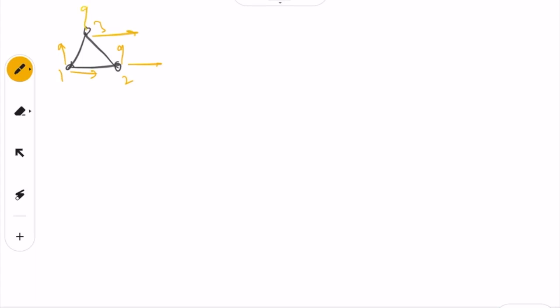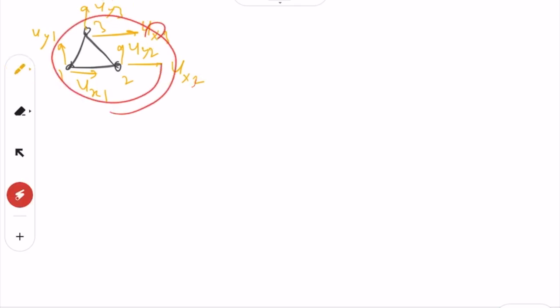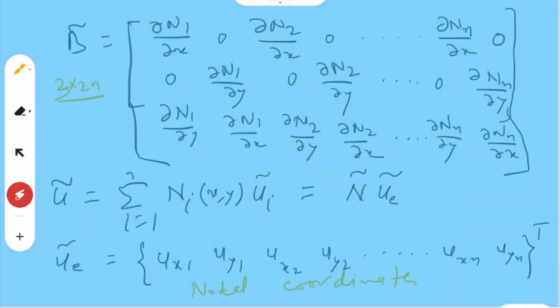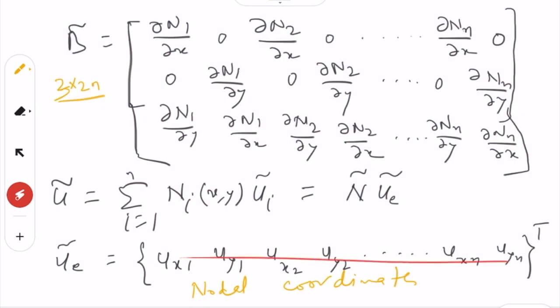So this is U x1, this is U y1, this is U x2, U y2, this is U x3, this is U y3. So these are the nodal displacements. So that is the meaning of that. So this is what that is.